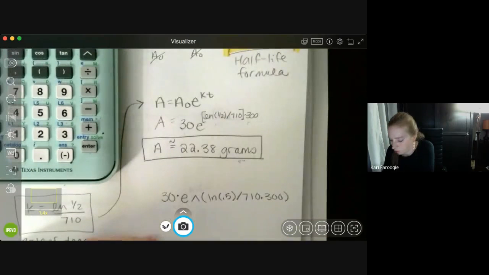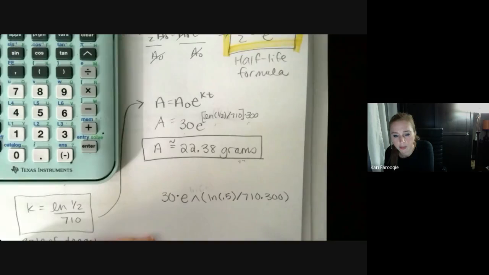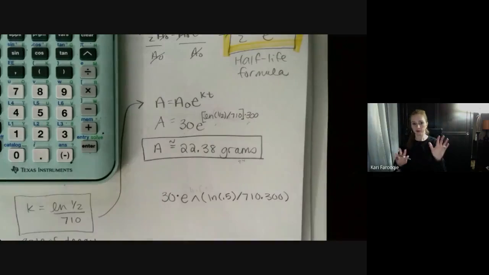If you have an older calculator, I think it looks like this. I can't remember. It's been a while since I've seen it. Okay. Awesome. Good. Wonderful.